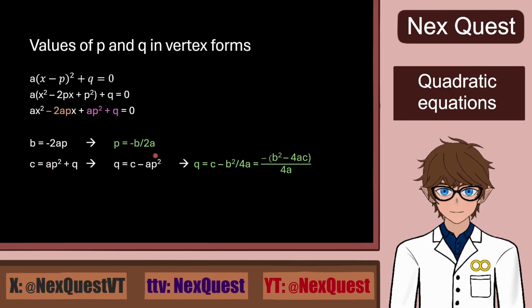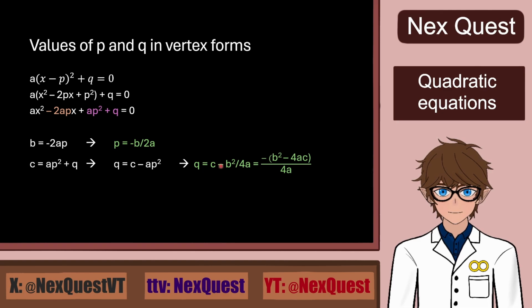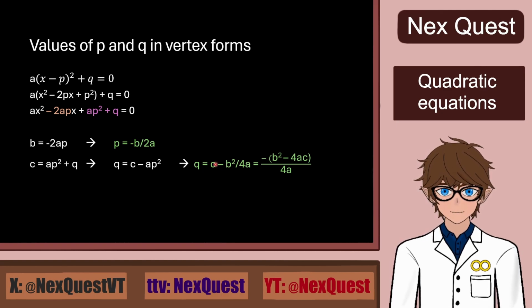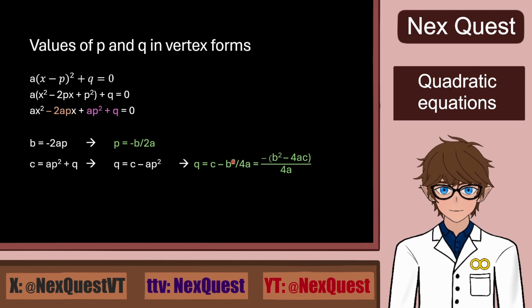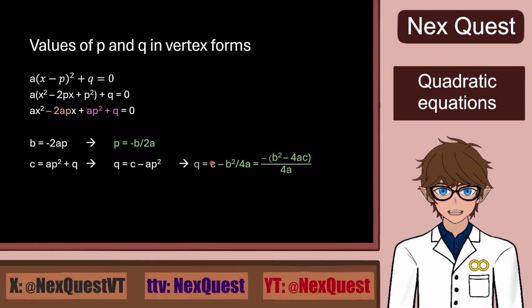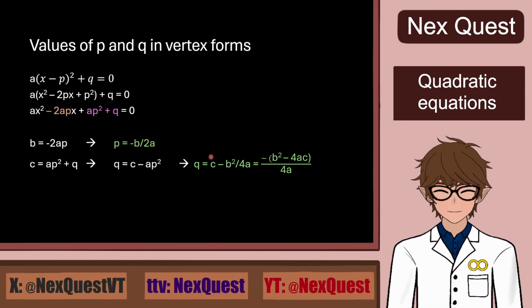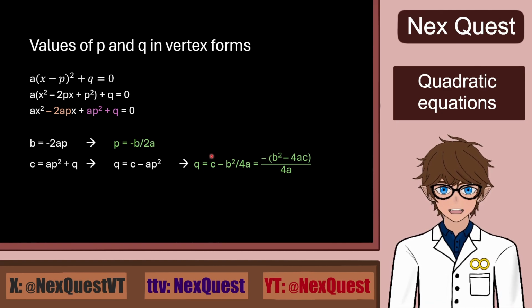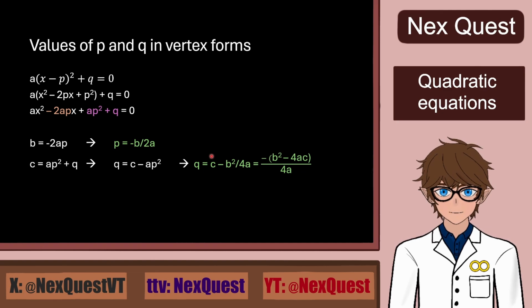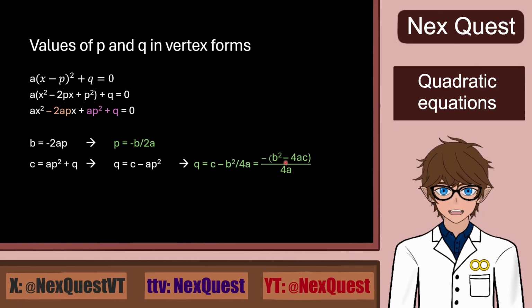Now we insert P into the p squared, and we get this pretty nice formula, but we can extend it further by combining on the same division line, so we multiply and divide c with 4a. Basically, it's the same as changing 1/2 into 2/4, because you multiply both sides of the fraction line with 2. Same thing we do here, so we can combine all of it on one fraction.